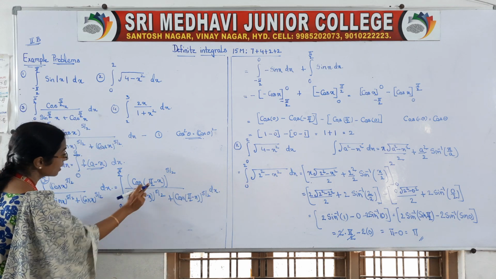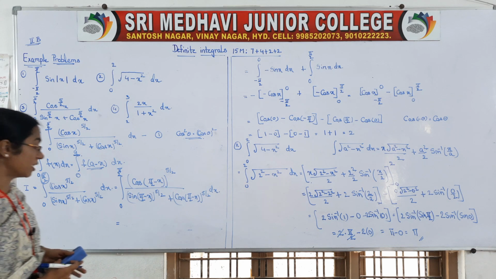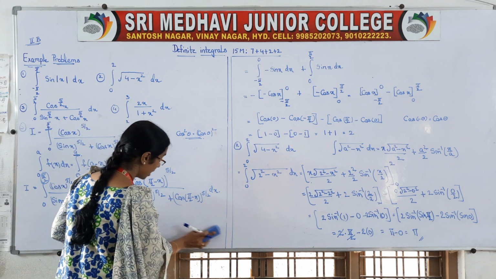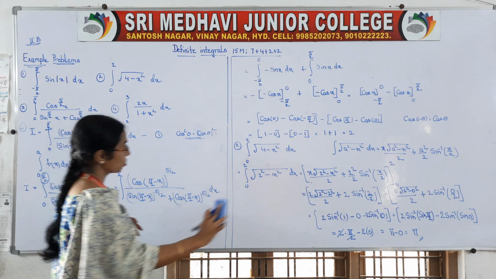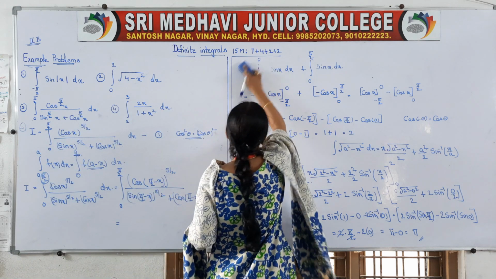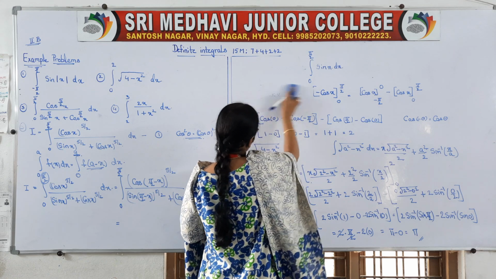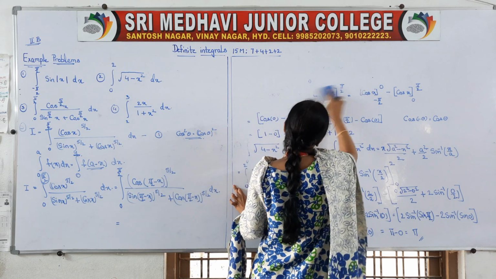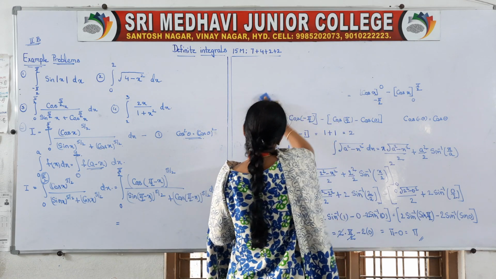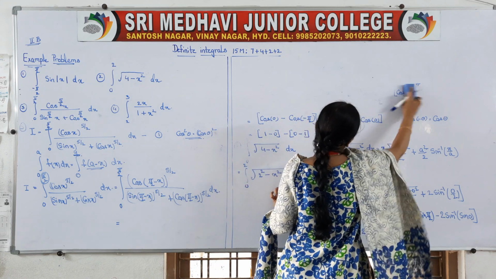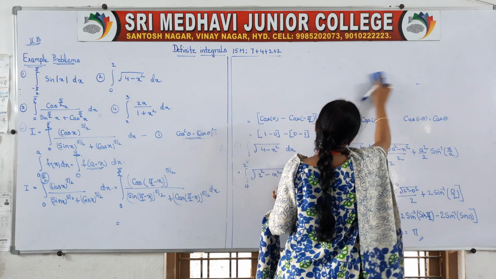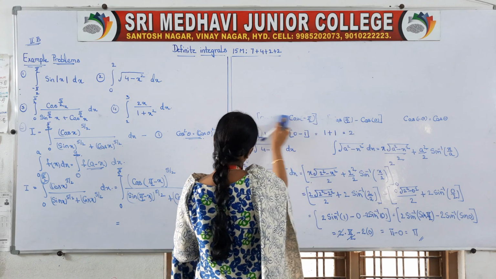So what is this? 90 minus theta. Whenever it is 90 minus theta, it belongs to the first quadrant, right? Whenever it is the first quadrant, I said all ratios are positive in the first quadrant, isn't it? So 90 minus theta means first quadrant in our trigonometry.